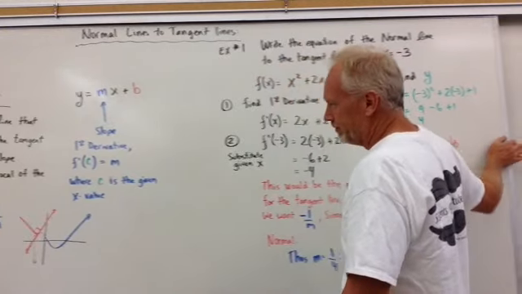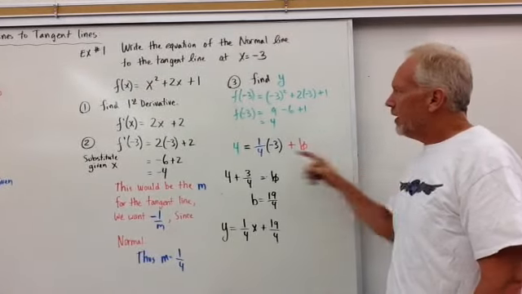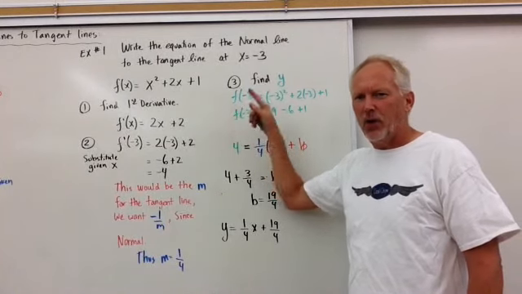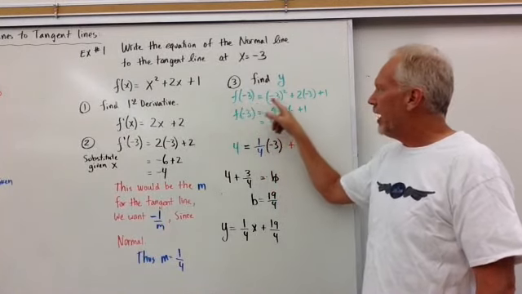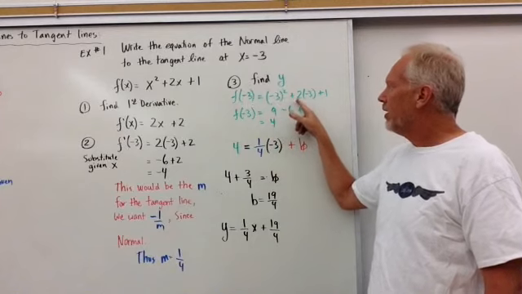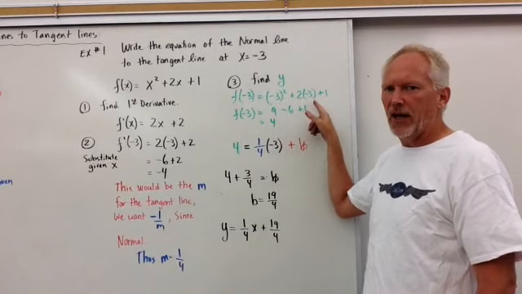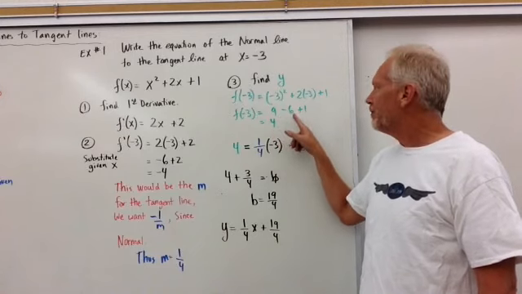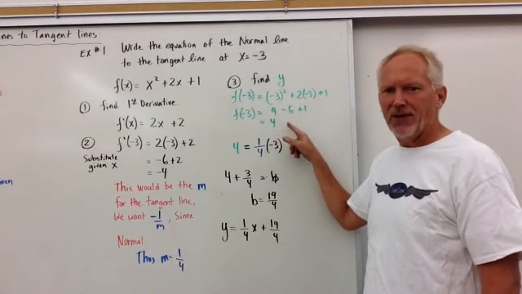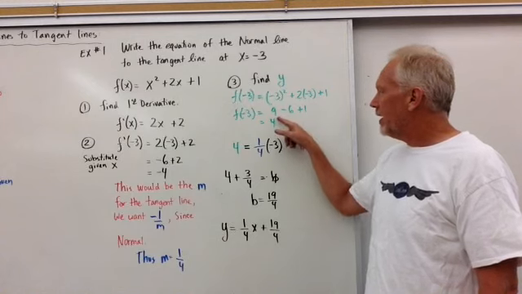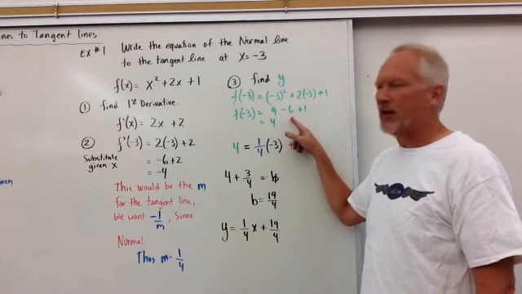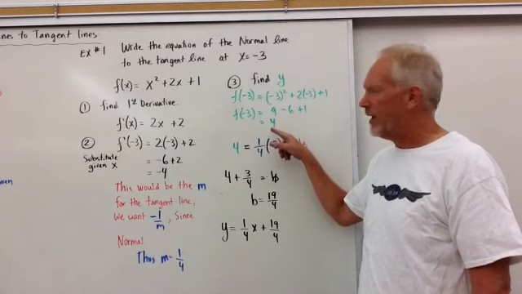So what we do is we find f of negative 3, and I hope you can see this, it's green, but f of negative 3 is negative 3 squared plus 2 times negative 3 plus 1. Well, negative 3 squared is 9, and then 2 times negative 3 is negative 6, plus 1. 9 minus 6 is positive 3, plus 1 is 4.